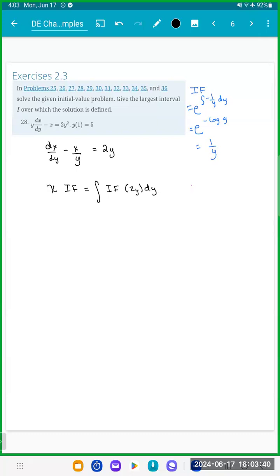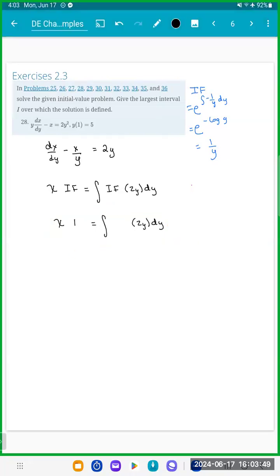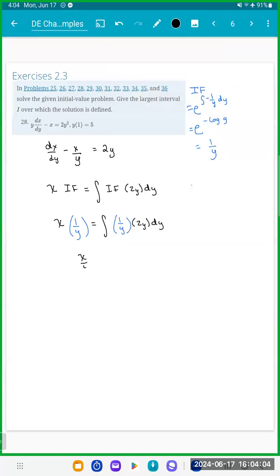So now let's substitute that integrating factor into this formula. Really, everywhere we see this integrating factor, we're substituting it in. So then we end up here with our x over y is equal to, and when we integrate this, that is going to give me just 2y plus c. That's because we ended up with 2y over y, which is 2. When we take the integral of that, it gets us to that 2y.